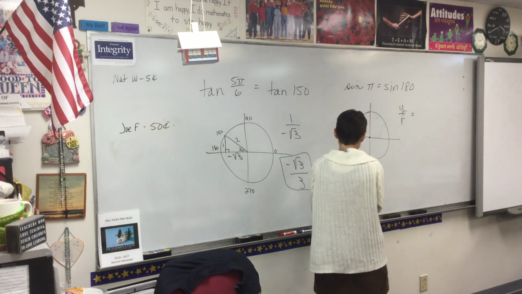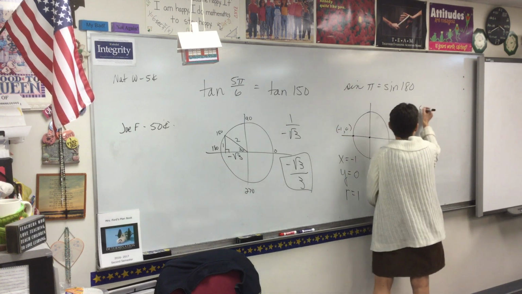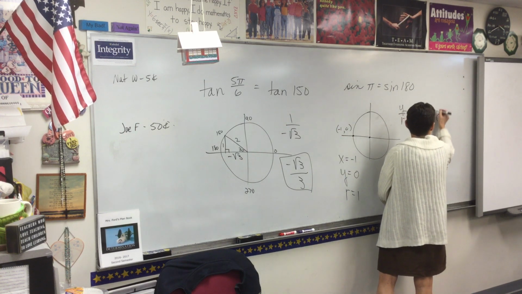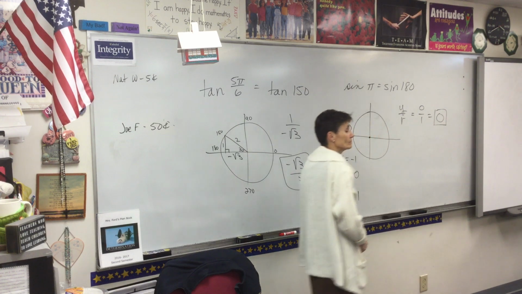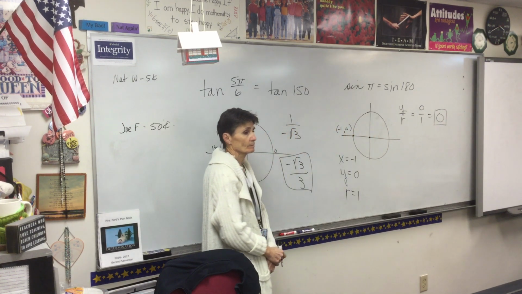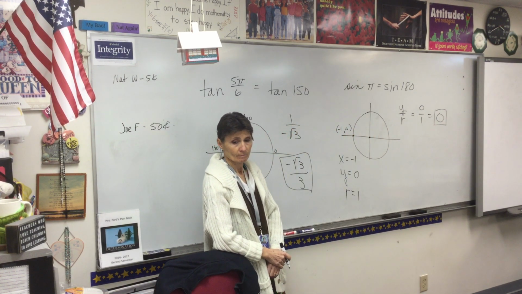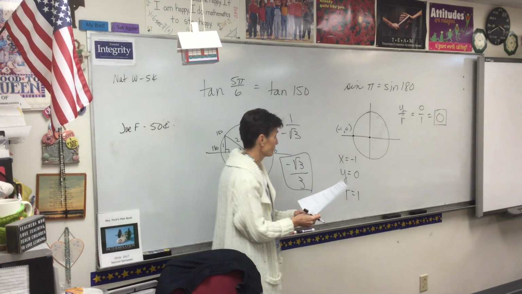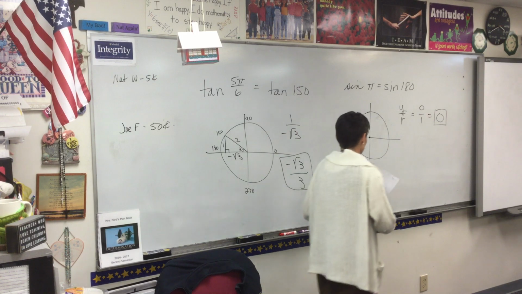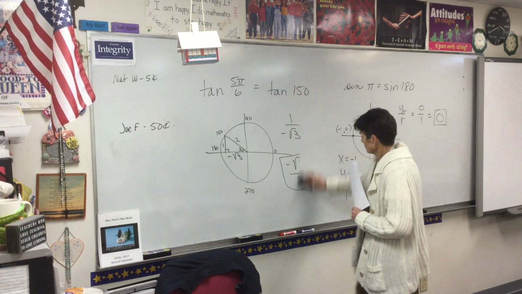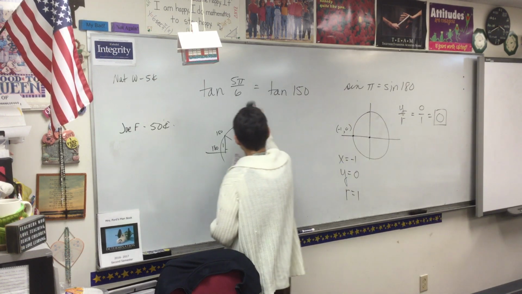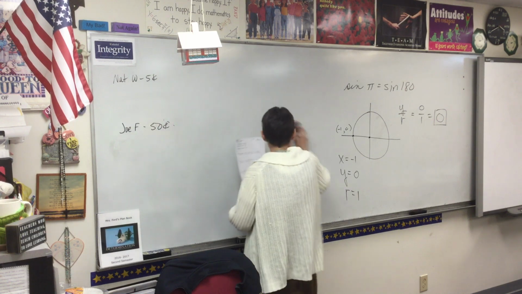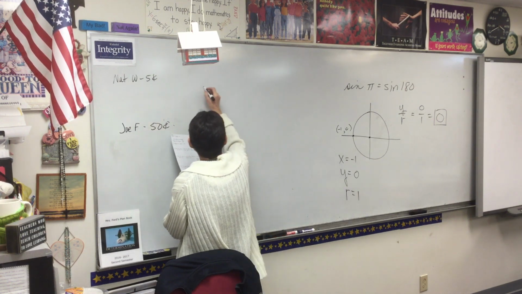So for us, y over r would be 0 over 1, which is 0. Everybody keeping up? Okay, one more of these, it looks like.